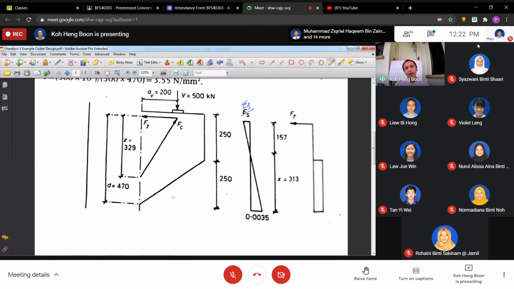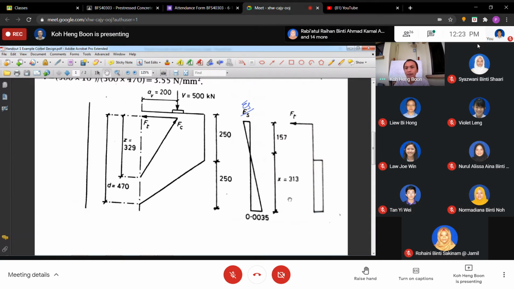We know the D, we know the Z. So basically we can calculate the X, no problem with it. After we have D and we get the Z, we can calculate the X.